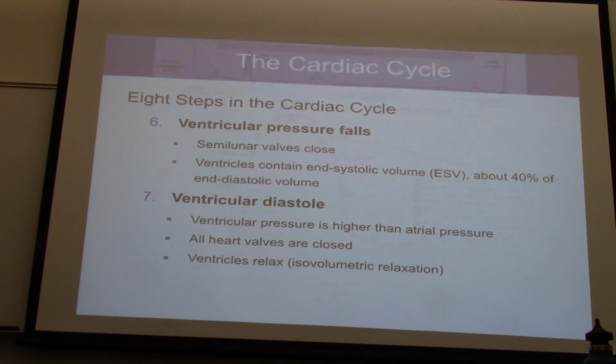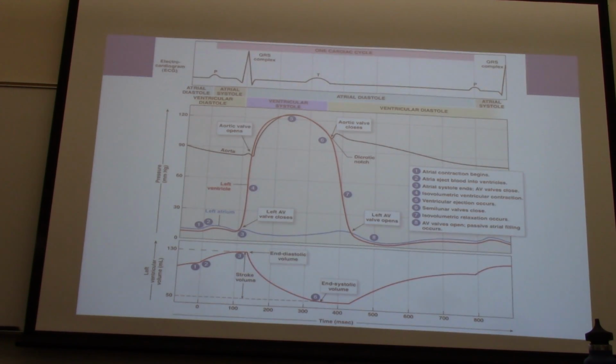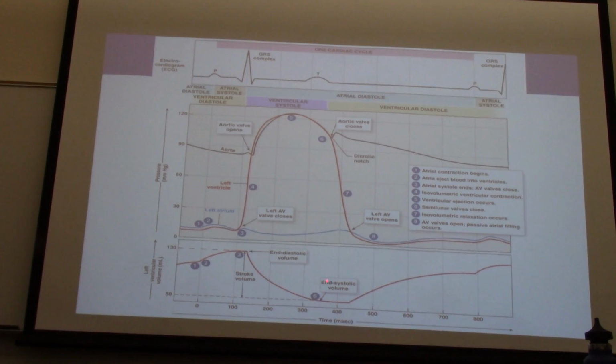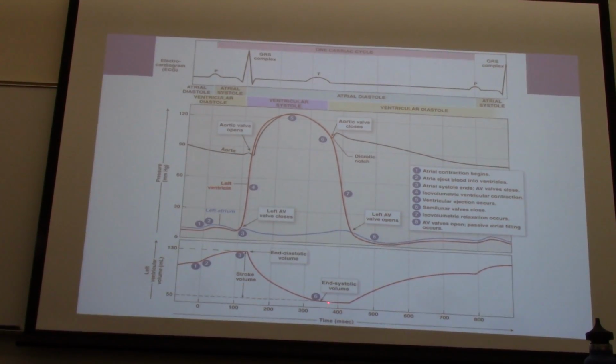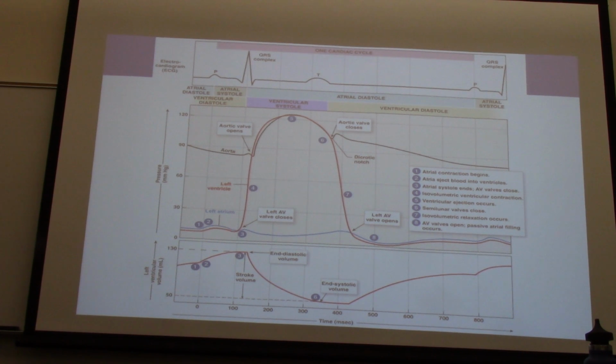It's just relaxing. And that's over here in this part, really right in through here, I guess. This is isovolumetric relaxation. Here's the end of systole. This is the end of the contraction coming down here. And then this part is isovolumetric relaxation.